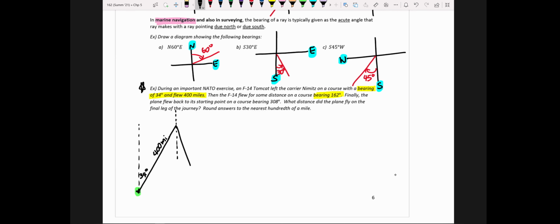Okay. So this is a bearing of 162 degrees. Travel in that direction. And then finally, the third leg, we're flying back to starting point, course bearing 308 degrees.